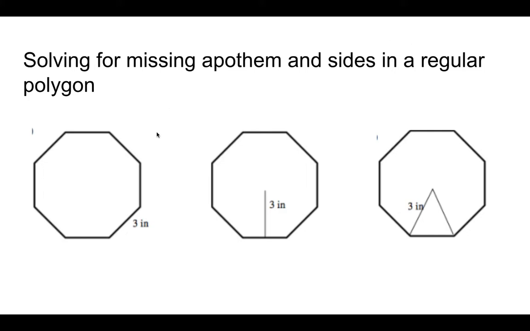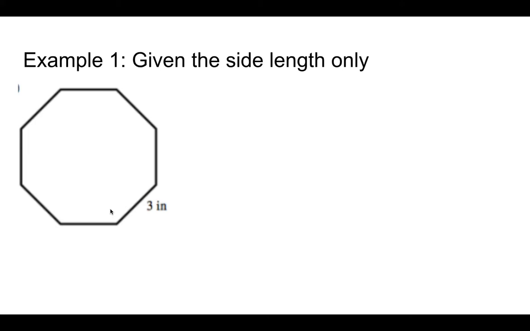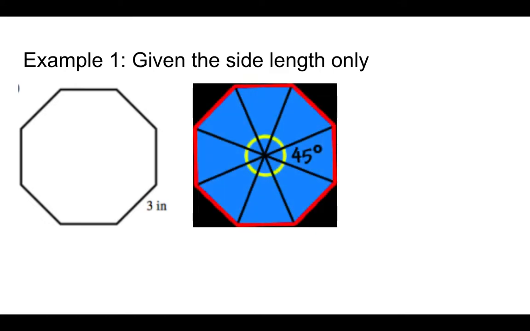So the first one we're going to look at is this example right here. When we're given the side length only, we've got to do a little more. We want to create our little triangles in that octagon. This is an octagon here. So we figure out our central angle. Our central angle is constructed because this entire thing makes a circle of 360 degrees.